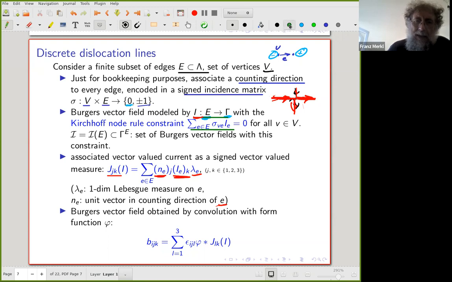But in order not to have singularities at these dislocation lines, we smooth the thing out with a mollifier function.